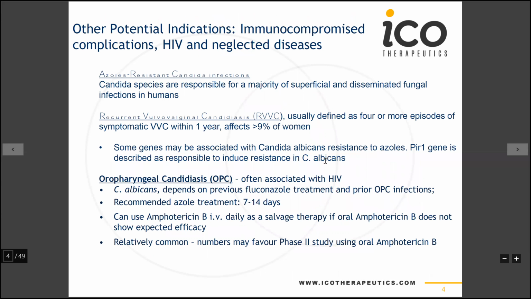As I mentioned before, many of the infections that Amphotericin B treats are really in patients that are immune compromised. So there are patients that have had a transplantation, patients that are uncontrolled diabetics, cancer patients, patients with HIV/AIDS. We've even seen recently, unfortunately, patients that have had COVID.